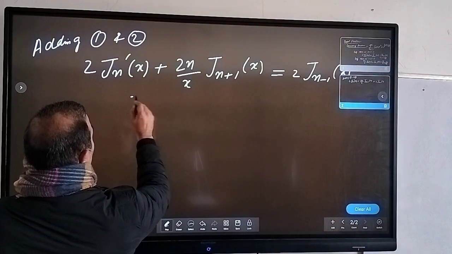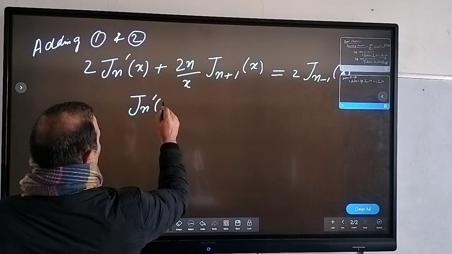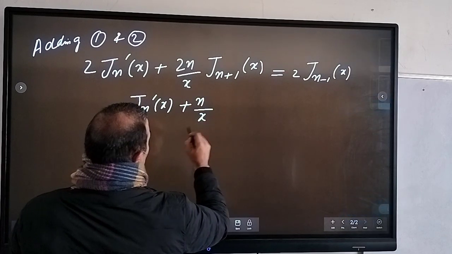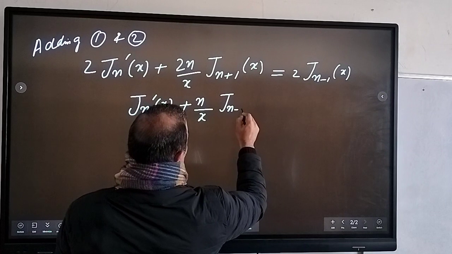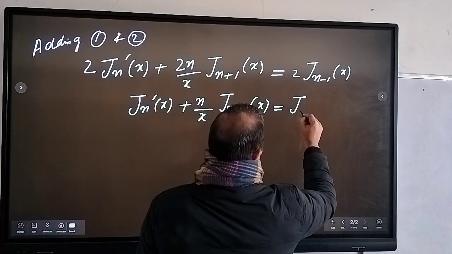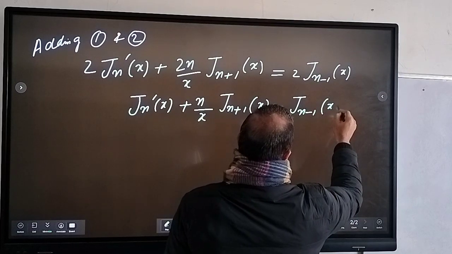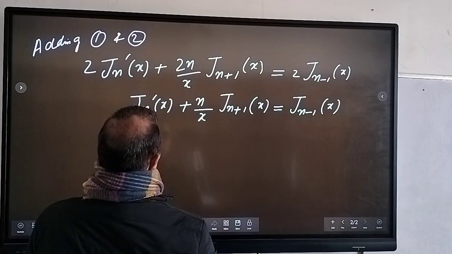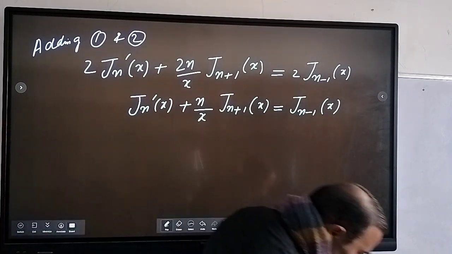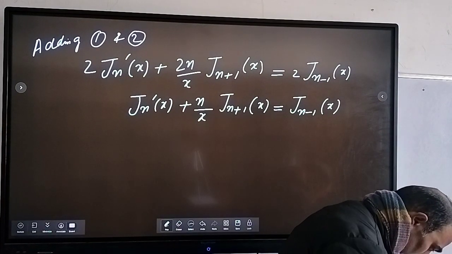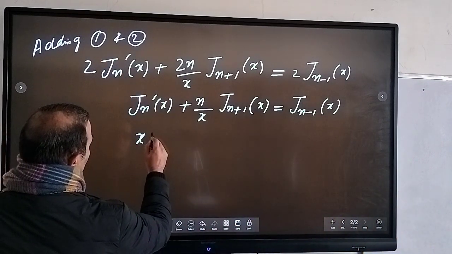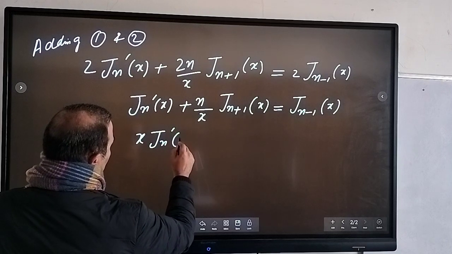Or you can further rewrite this equation as x J dash of x.